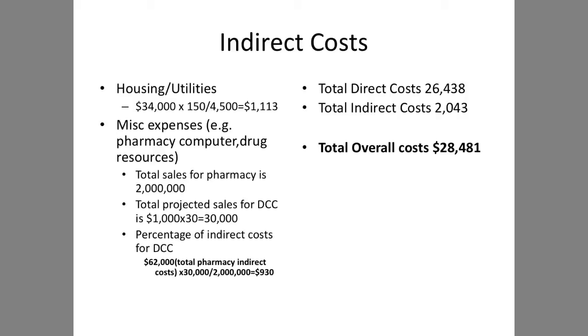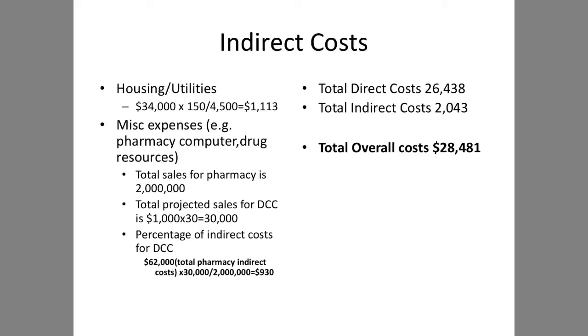So if the total projected sales is around $30,000, the percentage of indirect costs is, basically, you take the $2,000 times the 3.1%, so it's going to be about $930. So the total indirect cost is around $2,043, and the total direct cost is around $26,000.